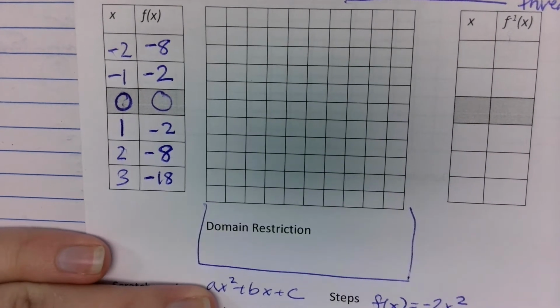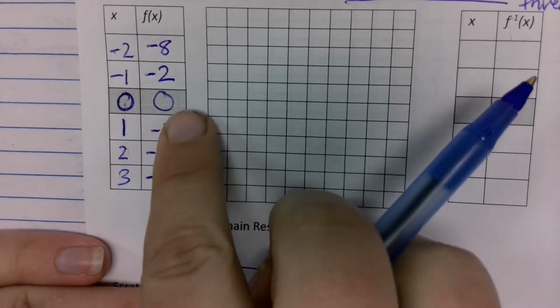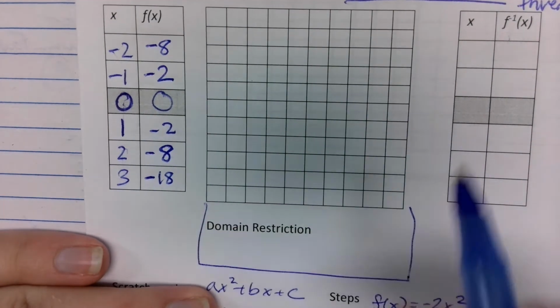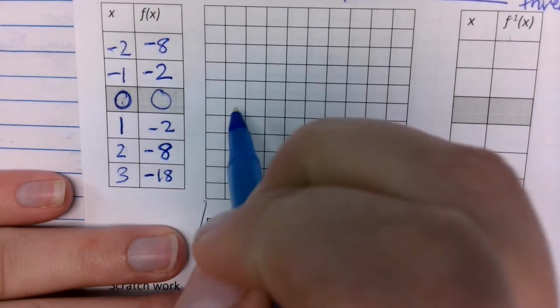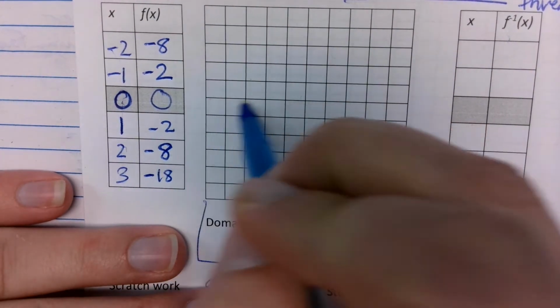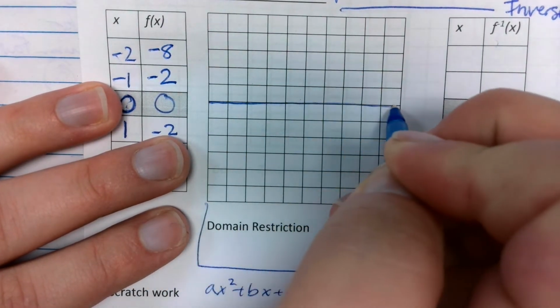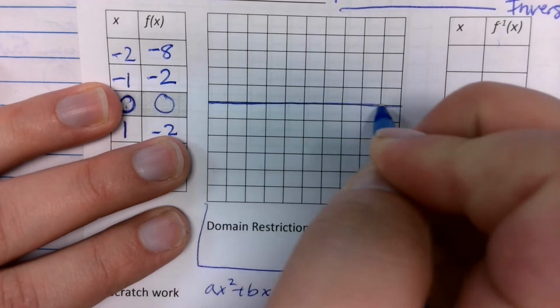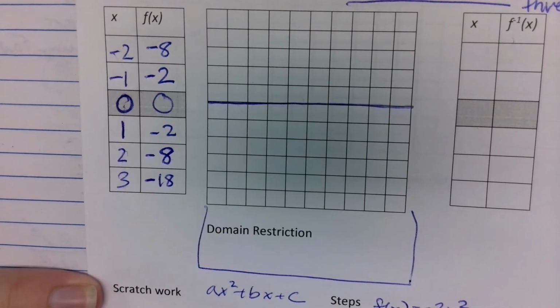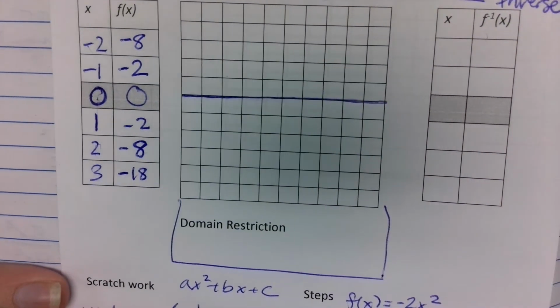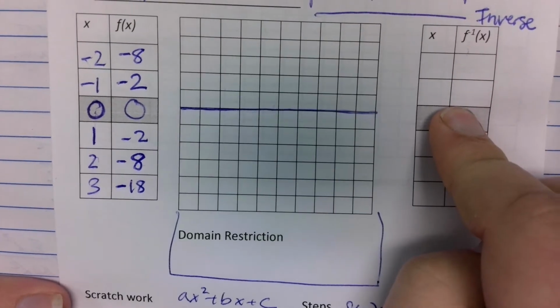Now, we're going to make a graph. We get to pick where the axes go. I'm going to make it so that it's a little bit above halfway for my x-axis. And I don't know where I want to put my y-axis yet because it's going to depend on my inverse function.